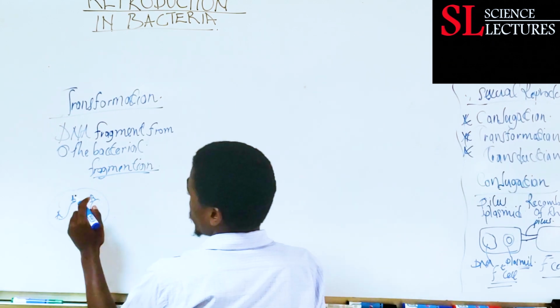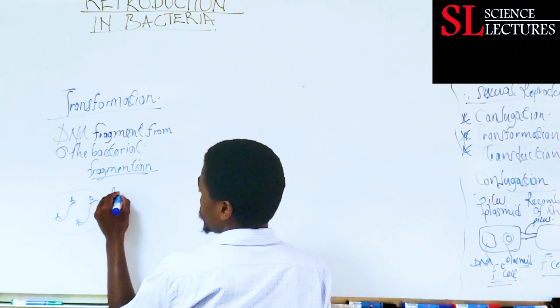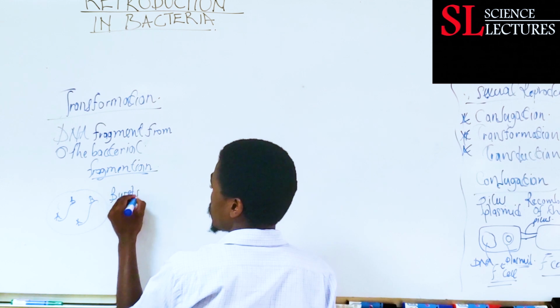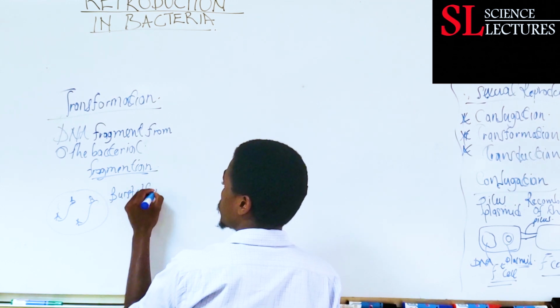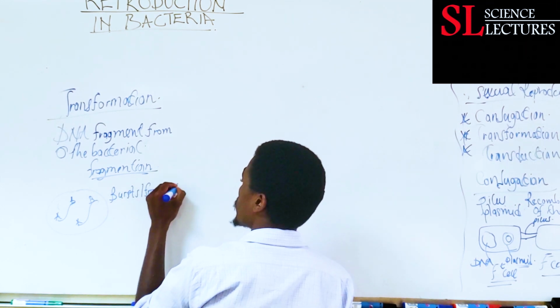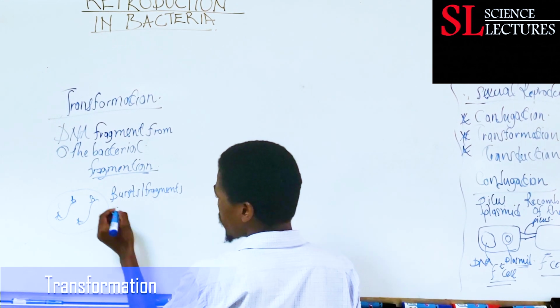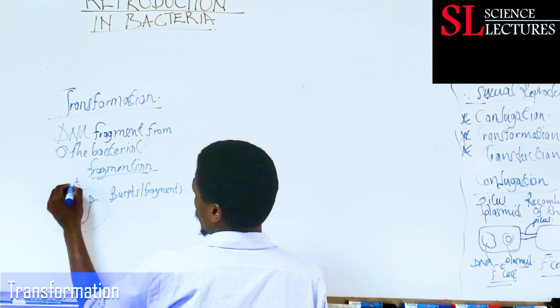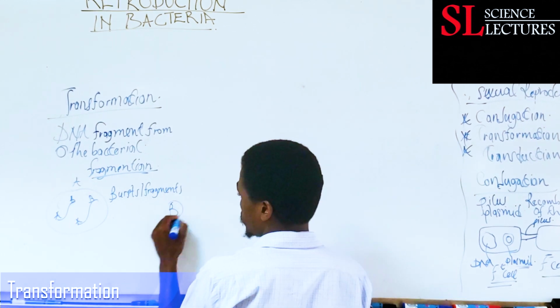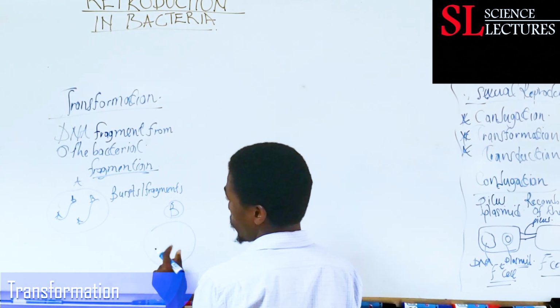And this cell bursts or fragments. When this cell bursts, another bacterial cell is around. This is bacterial cell A, then bacterial cell B is around here.